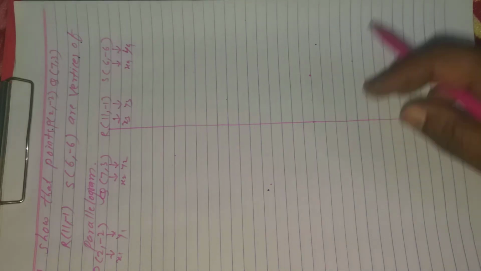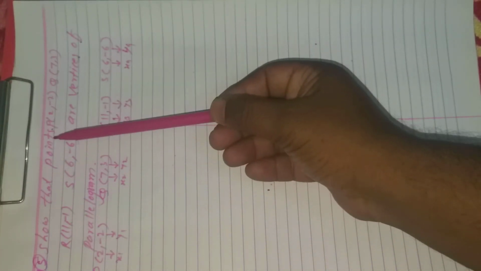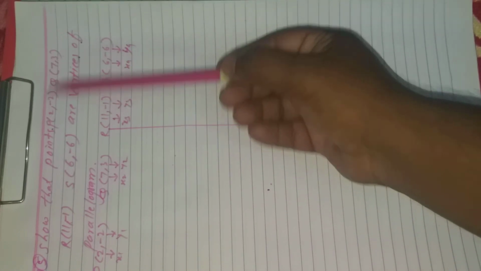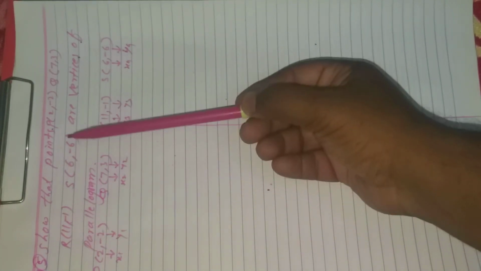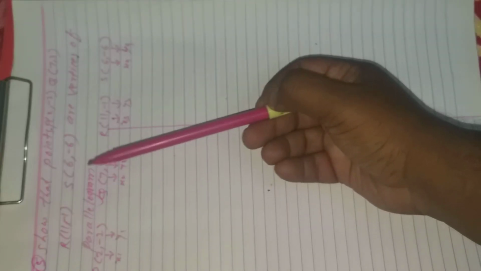Now next example is what? Fifth question of the 5.1 exercise, in which the question is like this: show that points P(2, -2), Q(7, 3), R(11, -1) and S(6, -6) are the vertices of a parallelogram.